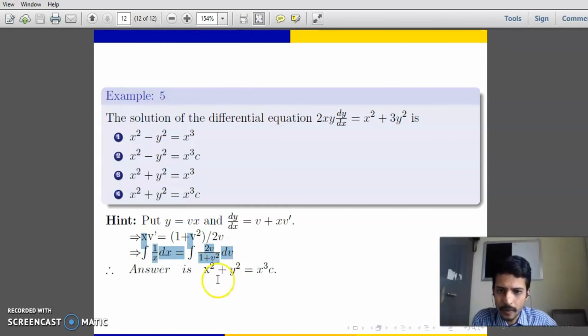After integration, we have the solution 1 plus v square is equal to x into c. But what is v here? V is equal to y upon x. So after substitution, we have the solution for this differential equation as x square plus y square is equal to x cube into c. So then what is the option we have? We have option 4 for this question.